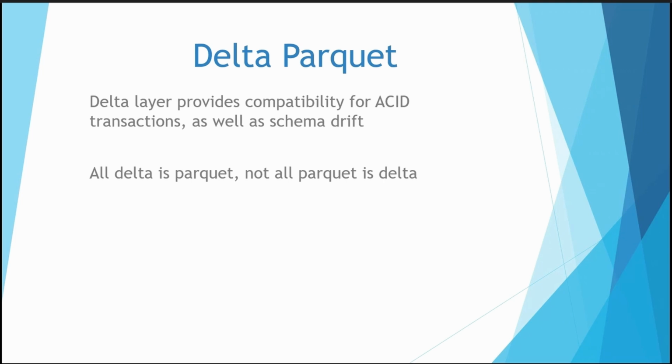But just keep in mind that all Delta is Parquet underneath, but not all Parquet files have that Delta layer on top. But if we're creating a table in a Lakehouse, yes, that table is going to have that Delta layer to make sure we've got the transactional support that we need.